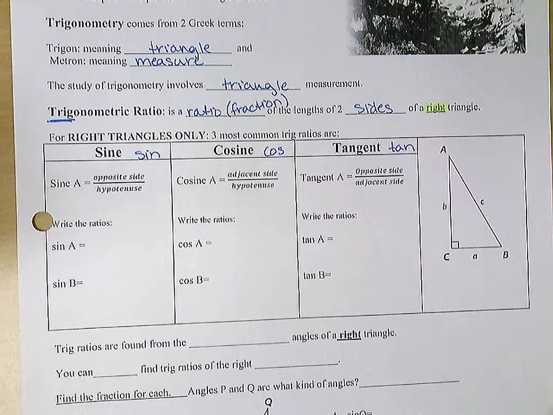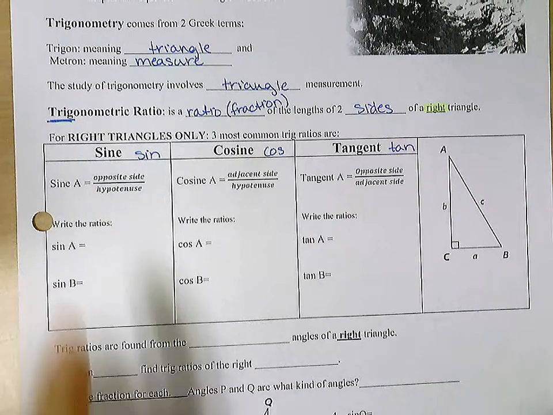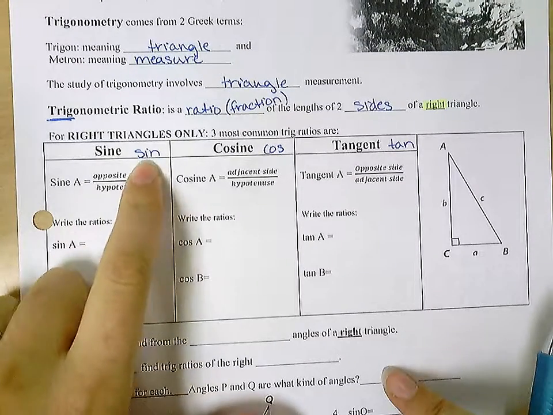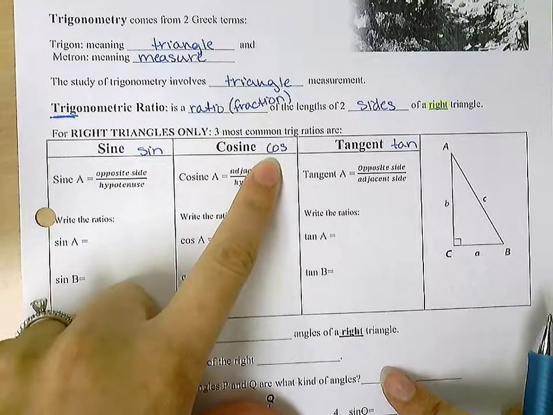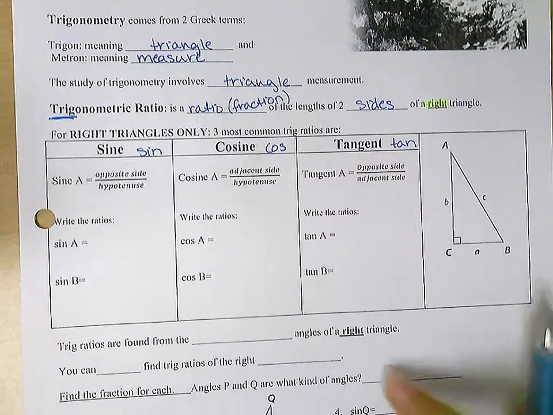Those are what they are abbreviated as on your calculator, so you should know what each of those are.